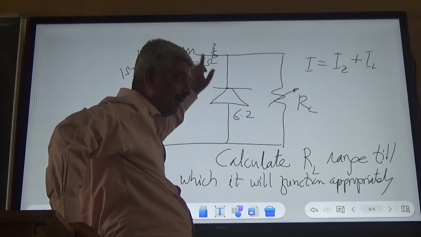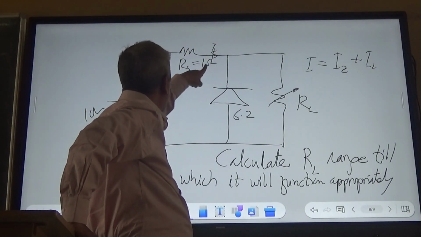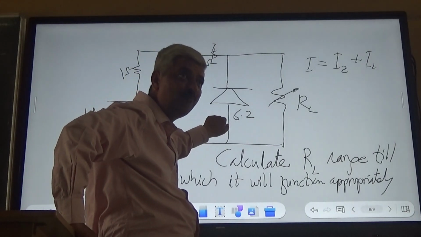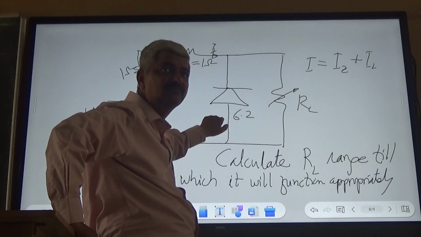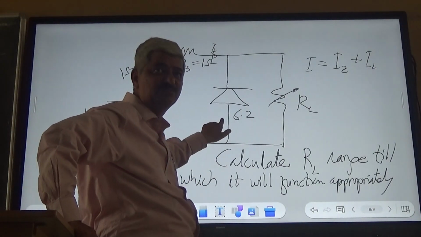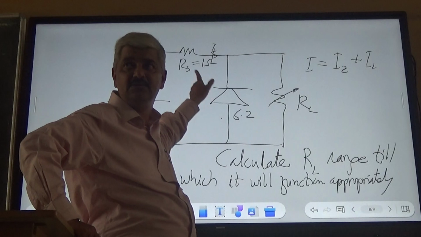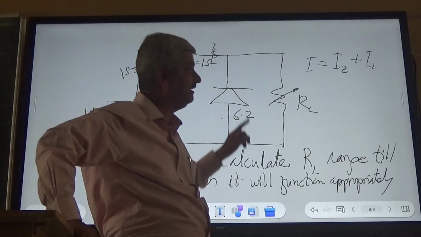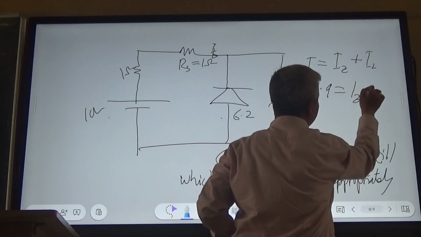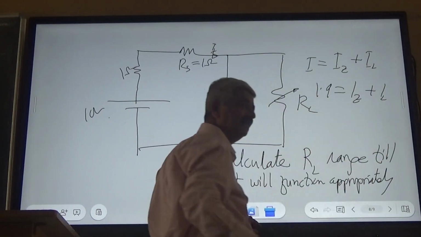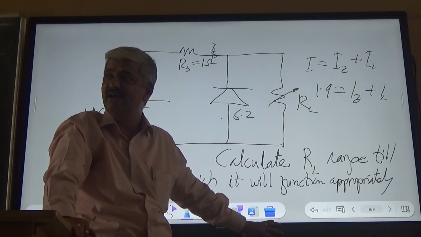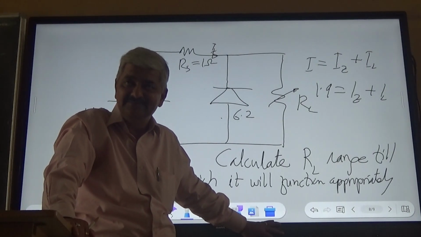For this breakdown operation, what is I? 10 minus 6.2 upon 1 plus 1. That is 1.9 is equal to Iz plus IL. Right? Is it okay?